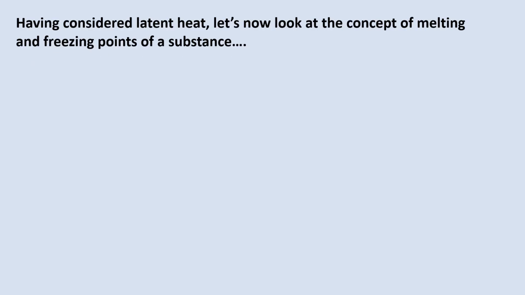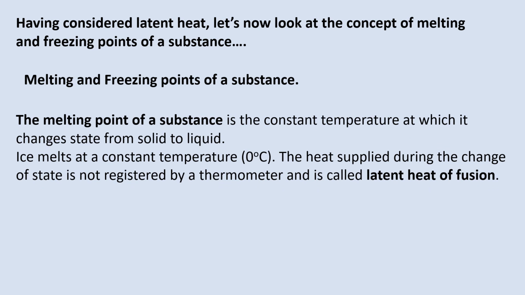Now, having considered the latent heat, let's look at the concept of melting and freezing point of a substance. The melting point of a substance is the constant temperature at which it changes from solid to liquid. Ice melts at a constant temperature of 0 degrees Celsius.